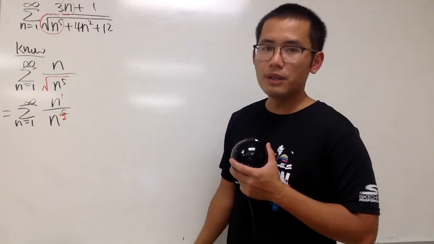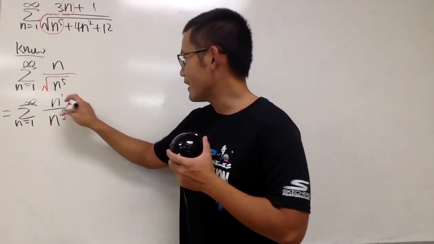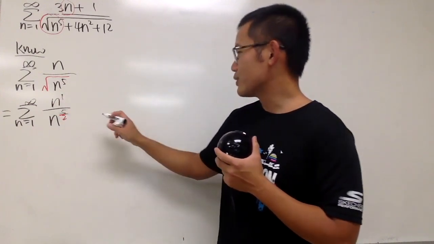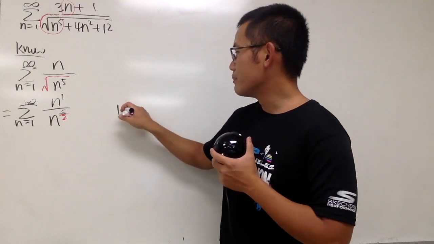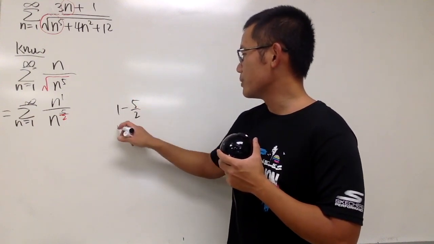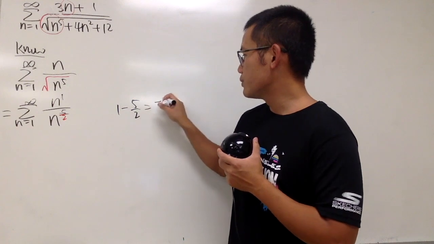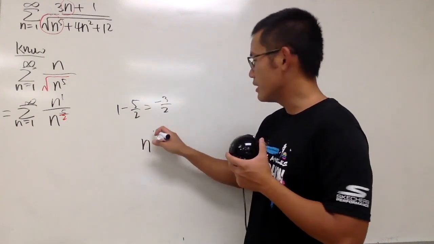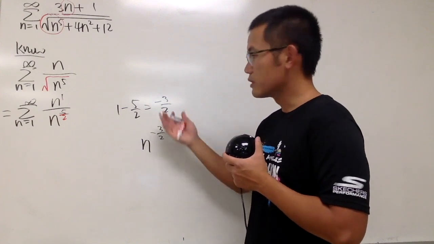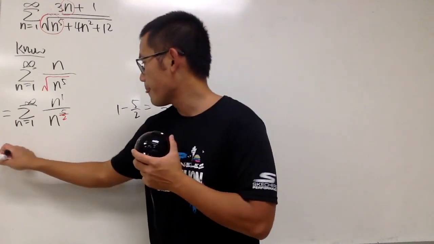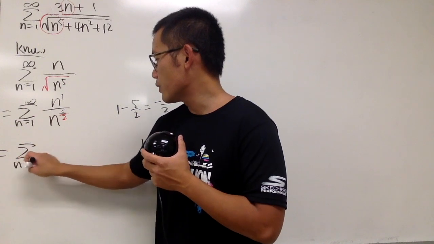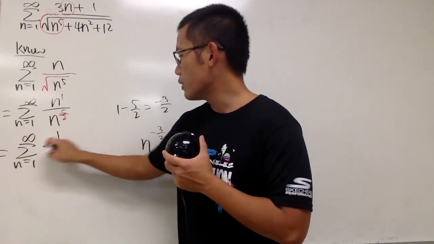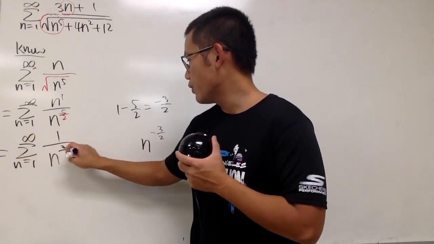Of course, we have to simplify the exponents right here. You just do 1 minus 5 over 2, which is going to be negative 3 over 2. That's going to be the new power for n, so n to the negative 3 over 2. It will go down to the denominator. So this is the series as n goes from 1 to infinity of 1 over n to the 3 over 2.